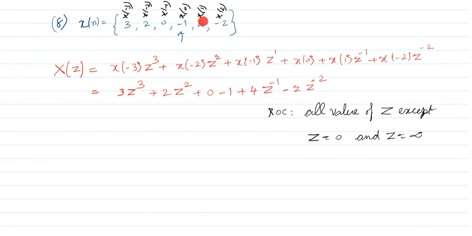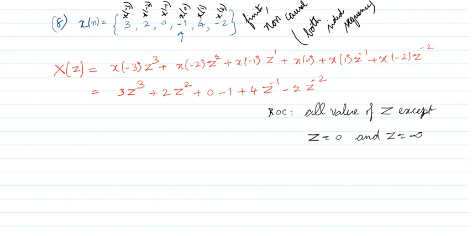Okay, so I can say this is non-causal. Non-causal means for both positive and negative time. Finite non-causal sequence, finite non-causal signal, or else I can say both-sided signal or both-sided sequence, because it is both in the right side and left side.